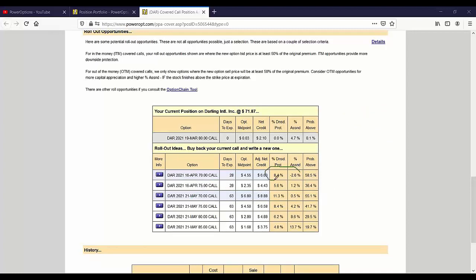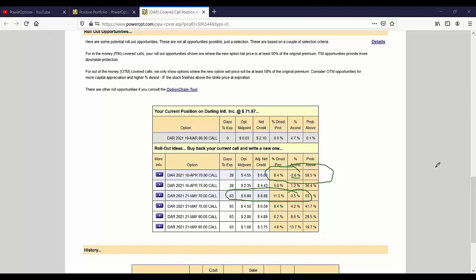I can't roll for a profit to April if I feel the stock's going to continue down. I want to be in the money for more protection, Oleg. I can't do this. I could do this. It would be less of a loss, you're right, but why lock myself into a loss with a declining stock? I may have to go further out in time, and I'm playing defense now, but for only a 0.5% return.